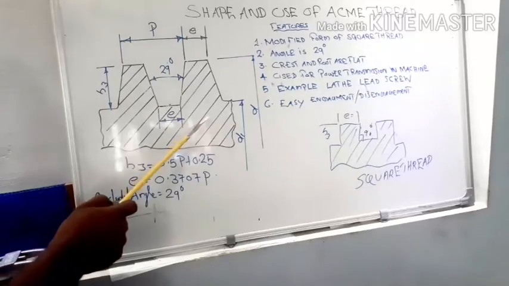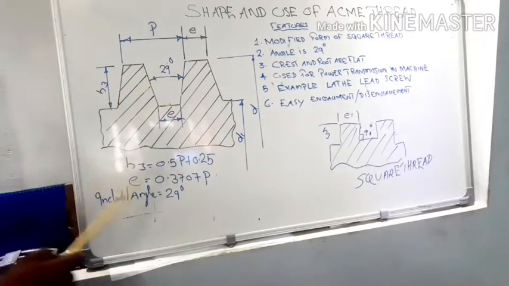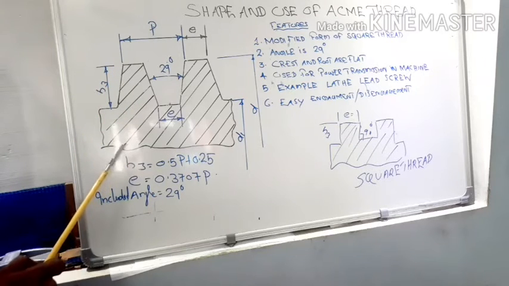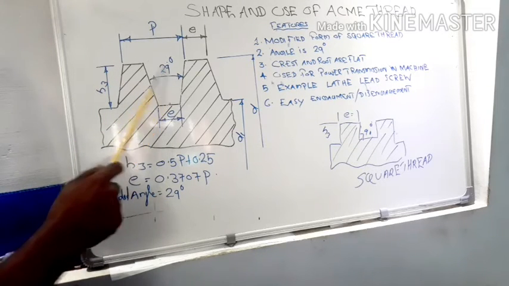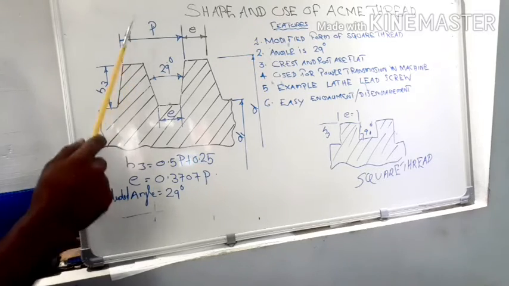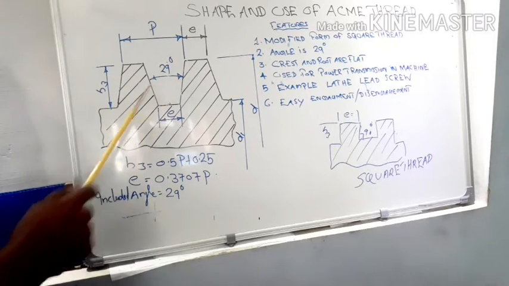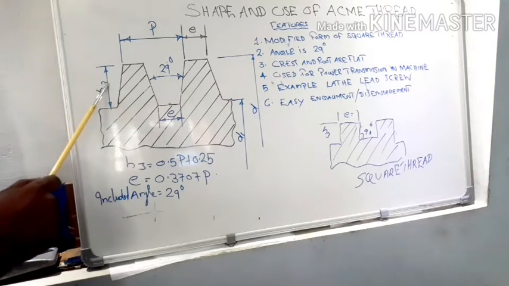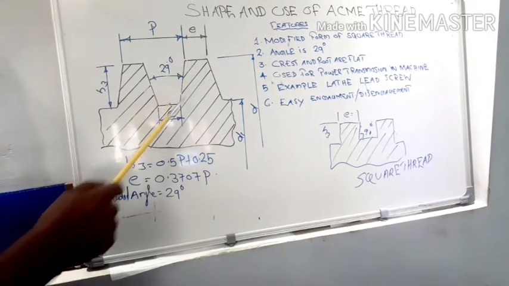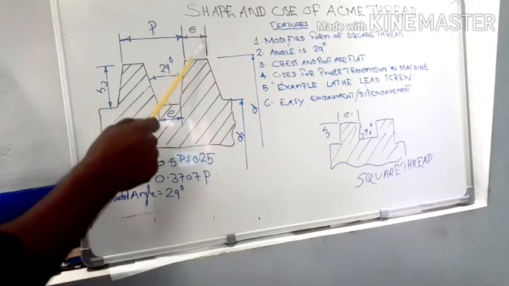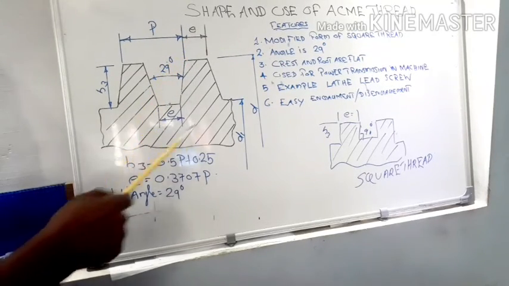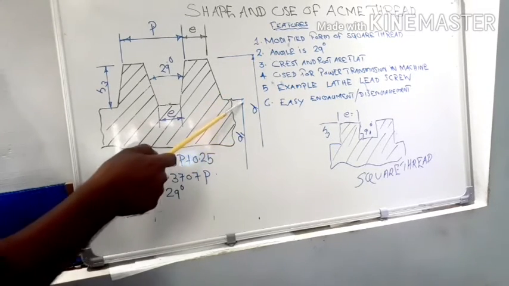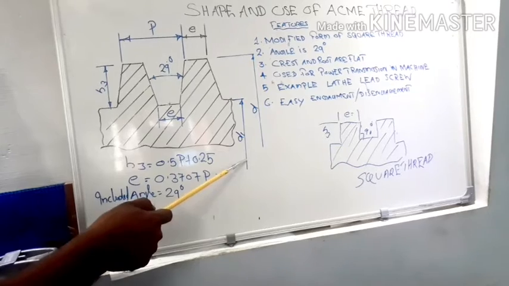Here, this figure shows the parameters associated with this Acme thread. Its angle is 29 degrees, crest is flat, root also flat. This is the depth marked by H3, and the top and bottom flat width is marked with the letter E. D is the major diameter, and this is the smaller diameter.